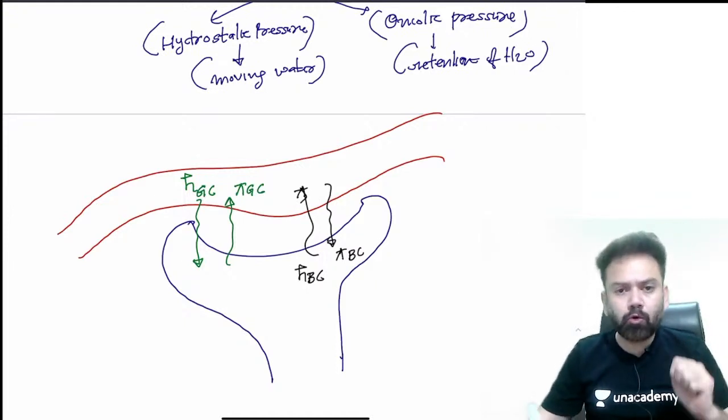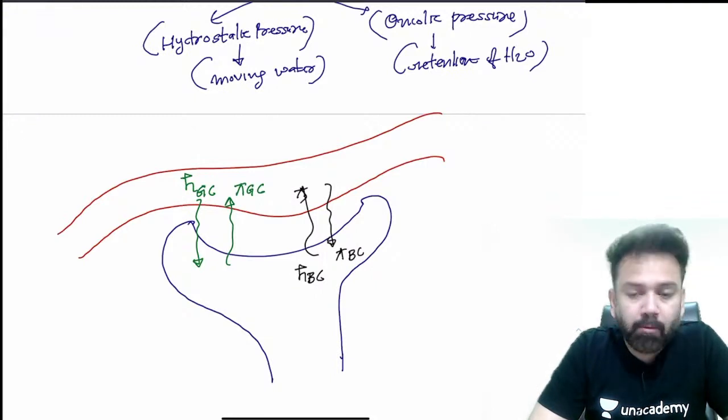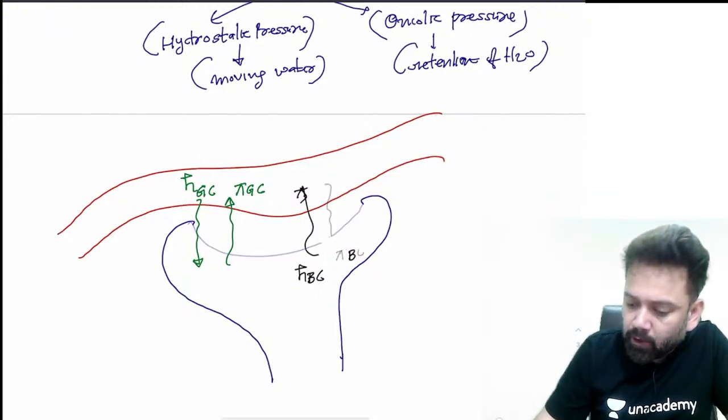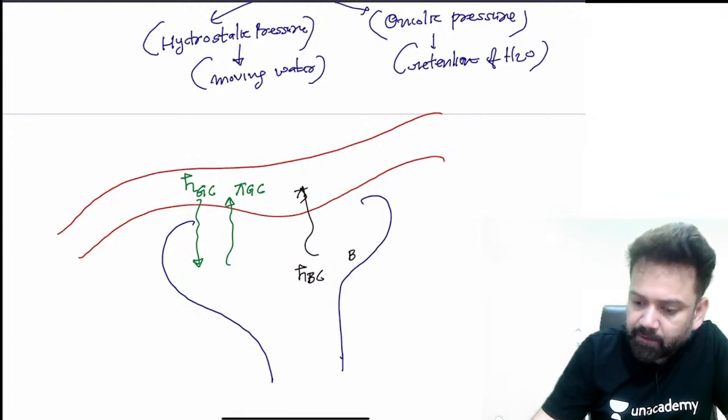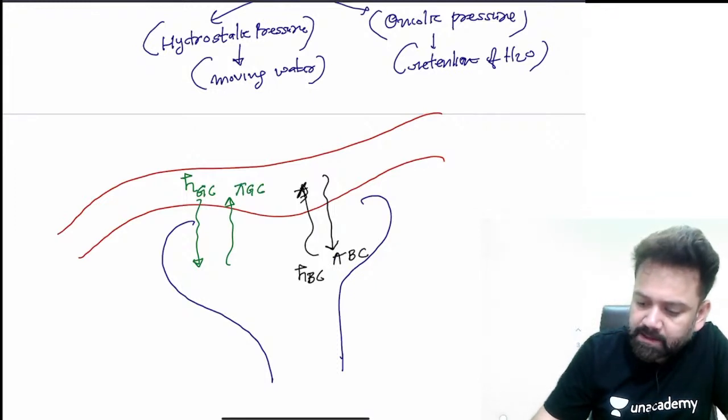You know what is the cause of oncotic pressure? These are the proteins. Proteins are the cause of oncotic pressure, and you know that normally proteins are not filtered. So how much will be the oncotic pressure of Bowman's capsule?